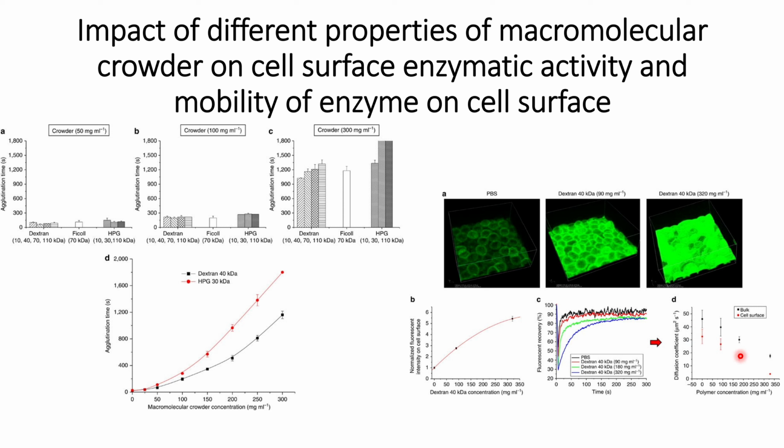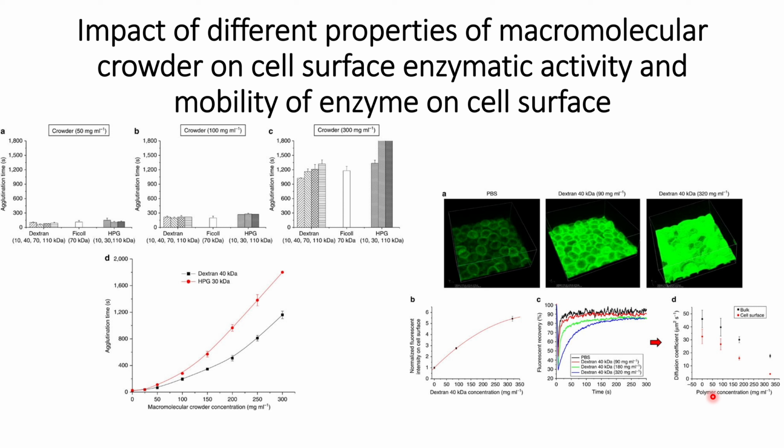This diffusion coefficient goes down with the increase in the polymer concentrations, to around 2 to 3 micrometer square per second for the cell surface, and around 15 micrometer square per second for the bulk surface.